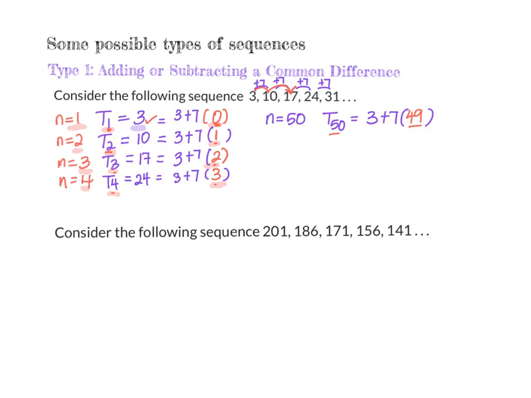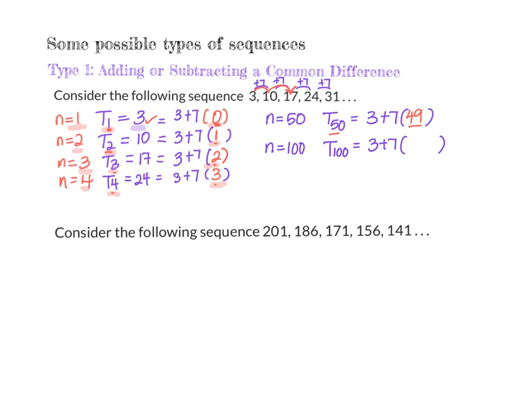How did I get 49? I took 50 minus 1. If I were to have n equals to 100, what will be term 100? Following the pattern, I took 3, I added 7, but how many times of 7 did I add?